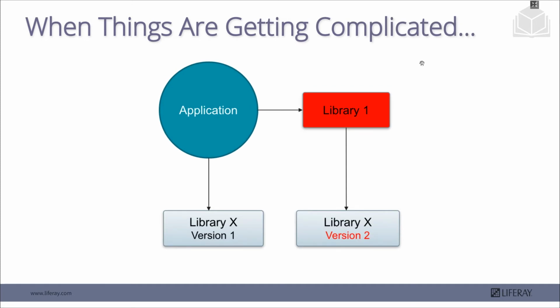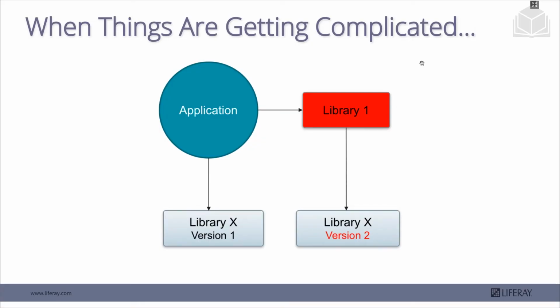What if library 1 has a dependency on library X, but it's specified or we're picking up the wrong version? So this is where things can get a little bit complicated. Library 1 has an issue with its dependency, and since our application depends on library 1, we're going to have a little bit of problems here.